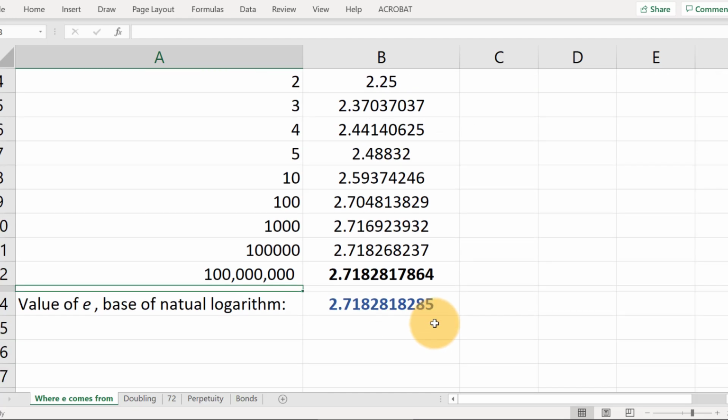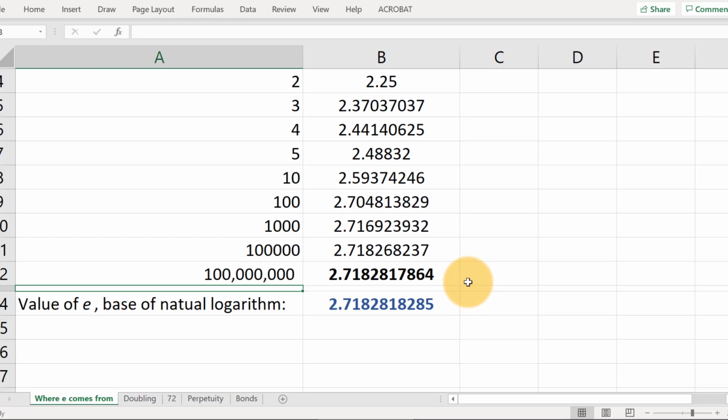And the limit that it's approaching seems to be around 2.718281. Well, the number that we're approaching is sometimes called e, the base of the natural logarithm, which is 2.7182818285, and so on. This is an irrational number.